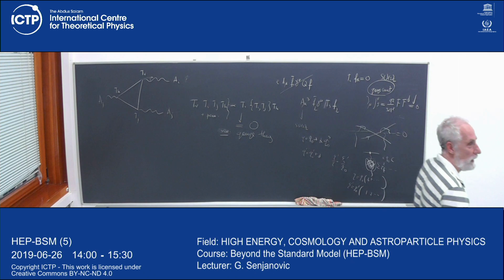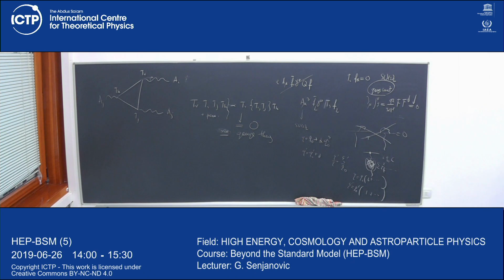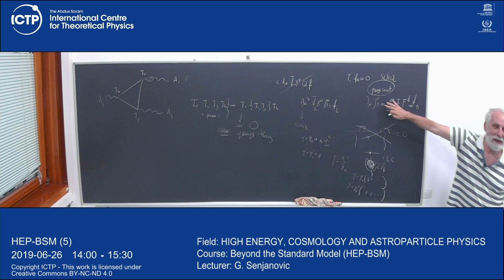To argue that the explicit breaking must be zero, which it is, 10 to the minus 20 is as good as zero. I don't know how to quantify that. Here I know. You cannot have it be a little bit. You cannot have a little coefficient here.